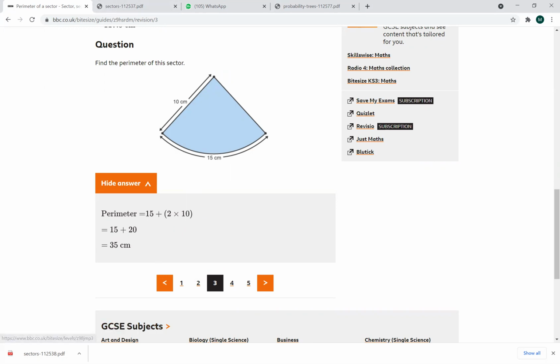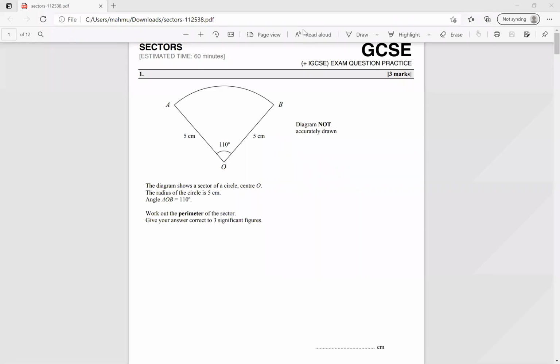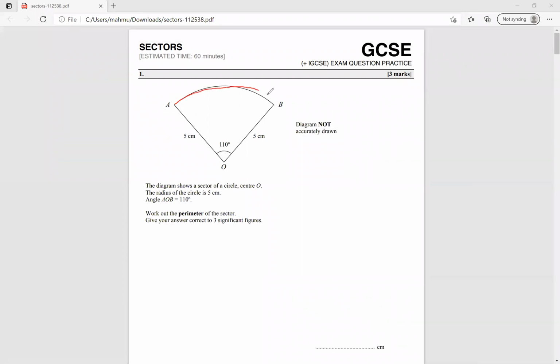Let me explain it to you properly. What you have to do is find the arc. So you find the length of this arc first. To find the length of the arc, you do 110 divided by 360 times 2 pi 5. 5 is the radius, 2 pi r.